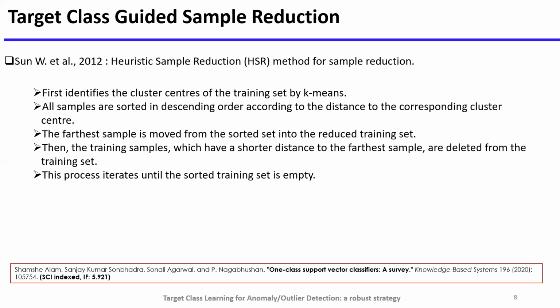The farthest sample is moved from the sorted set into the reduced training set. Then the training samples which are close in sorted distance to the farthest sample are deleted from the training set. This process iterates until the sorted training set is empty. In this way, you get fewer training samples compared to the original sample space, and hence reduce the computation cost, guided by the target class itself.